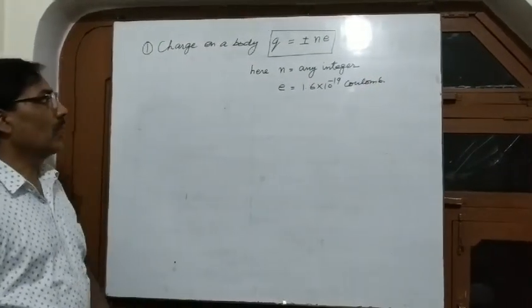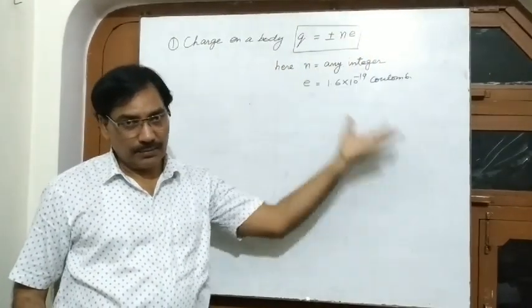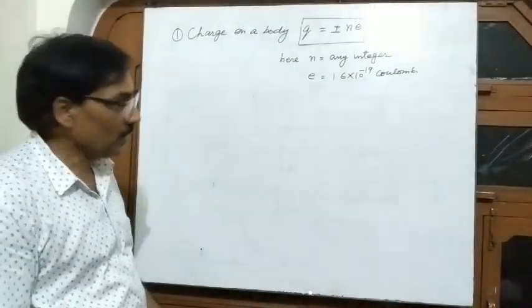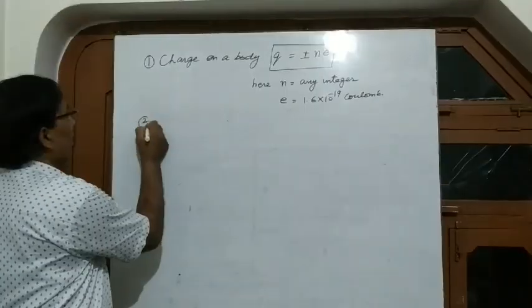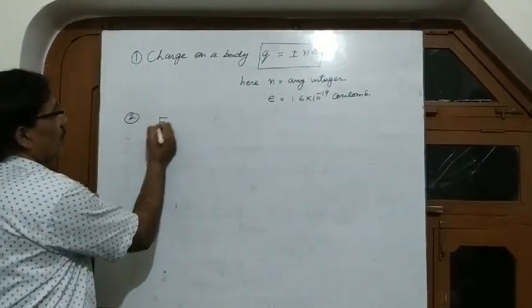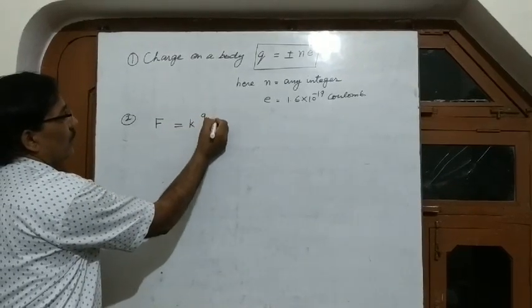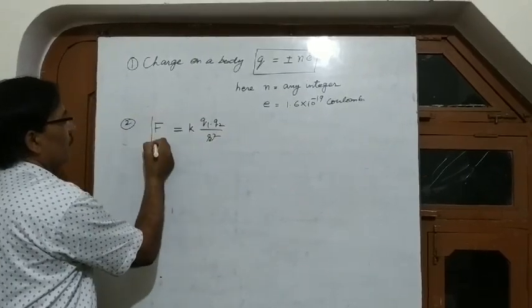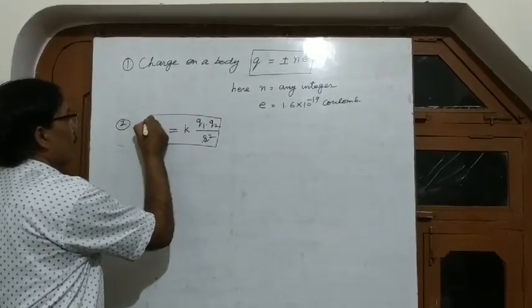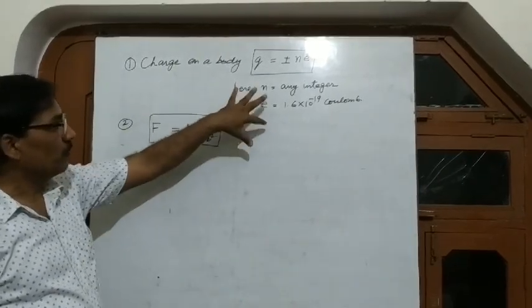Clear? This was the first formula, and the second formula which we have studied is Coulomb's formula, that is, the force of attraction or repulsion between two charges, F is equal to K Q1 Q2 by R square. We will solve problems based on these two.